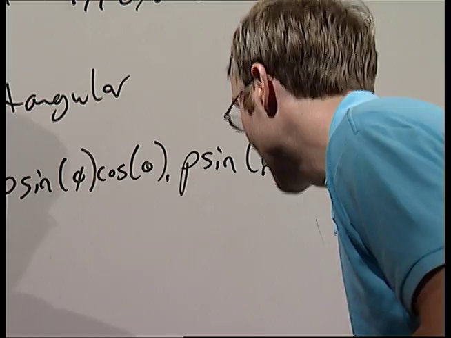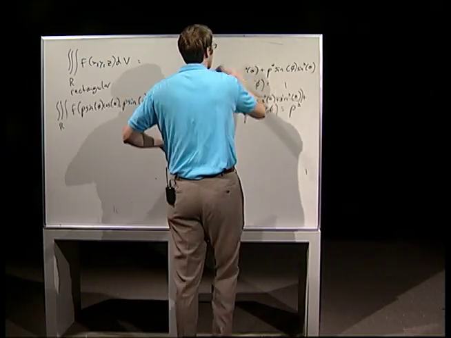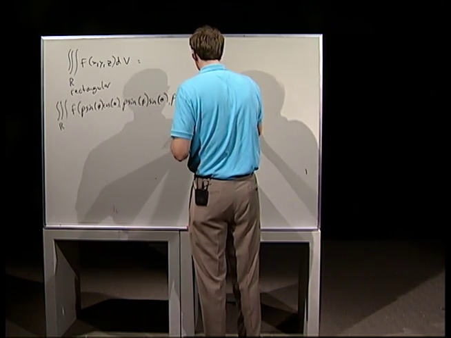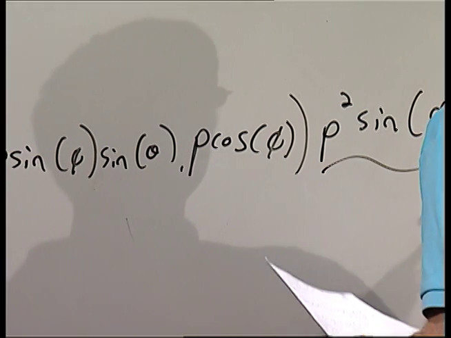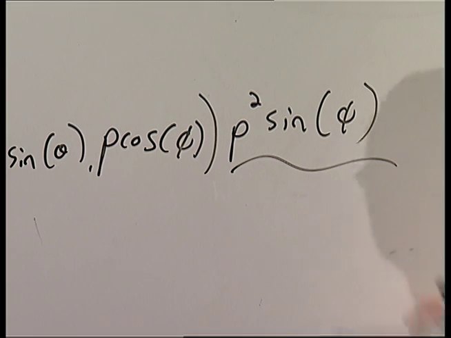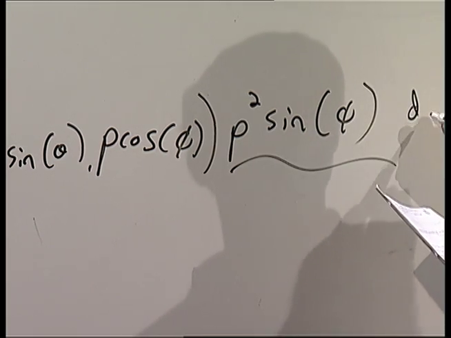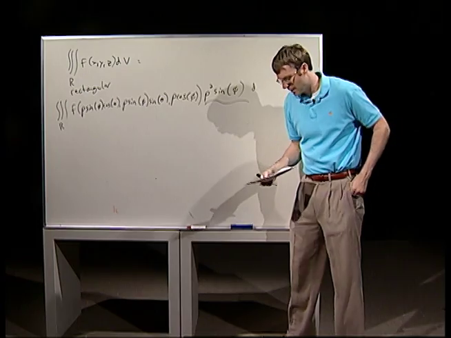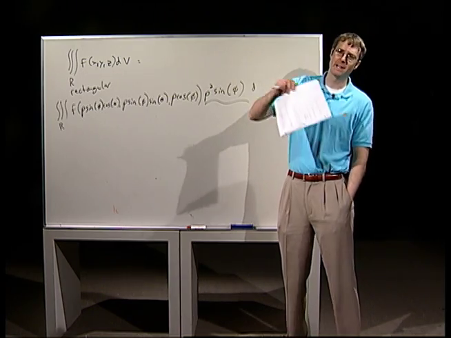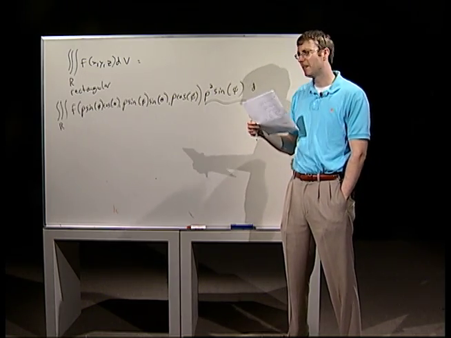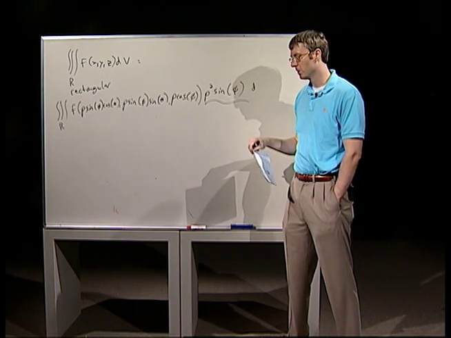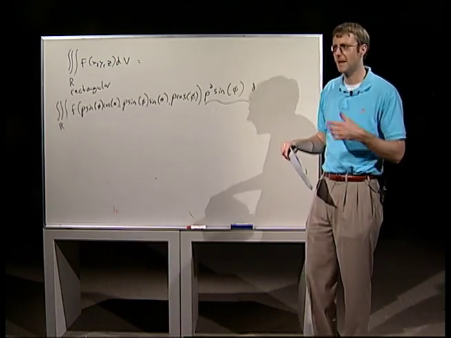And then the extra integrating factor ends up being this factor of rho squared sine phi. Again, we're not going to derive this, but certainly any book worth its salt will have a discussion of this. It's for the same general reason why the extra r is there in polar: you have not polar rectangles, but spherical rectangles that look more and more spherical the smaller they get, and they have this extra volume change.